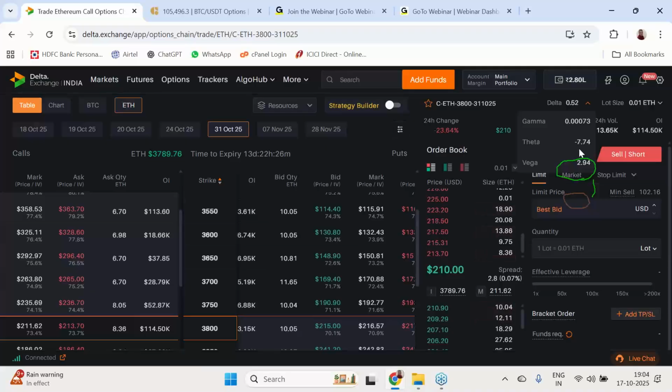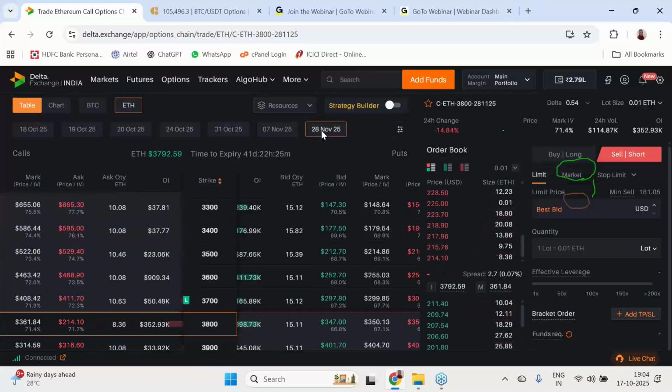Theta is always negative. So what does it mean? What is the meaning of this 7.75? This says every day this particular 3,800 call option will have a time value decay of $7.75.